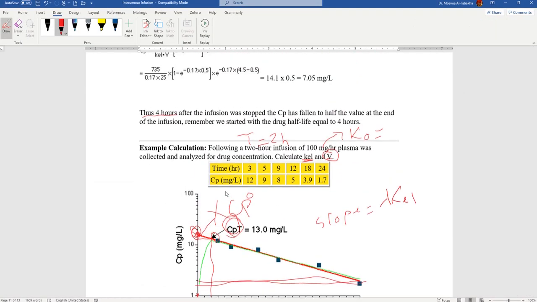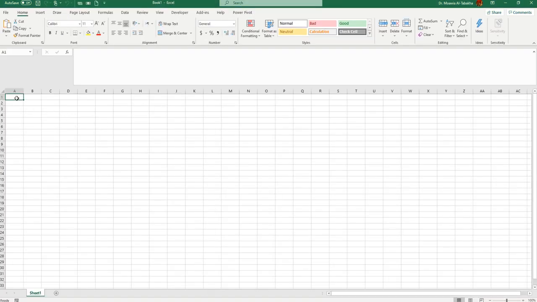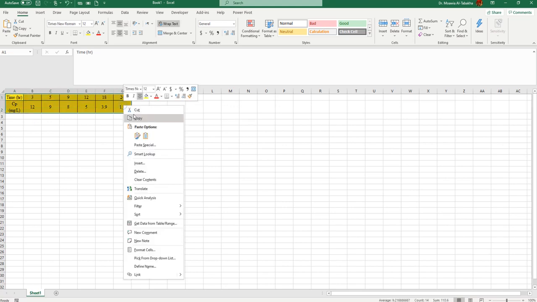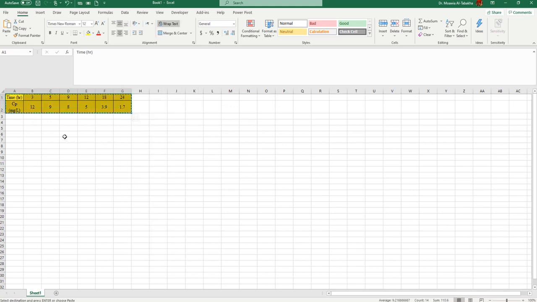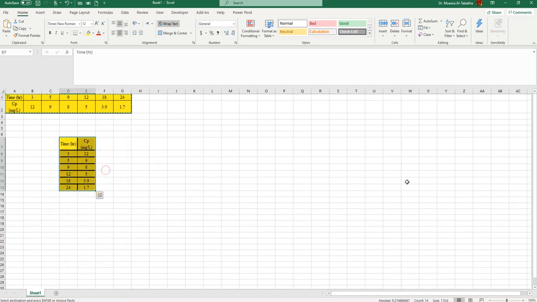Okay, let's go back. Copy these numbers to Excel. Then take them and transpose them. Transpose. Yes, you see? Transpose. Okay.